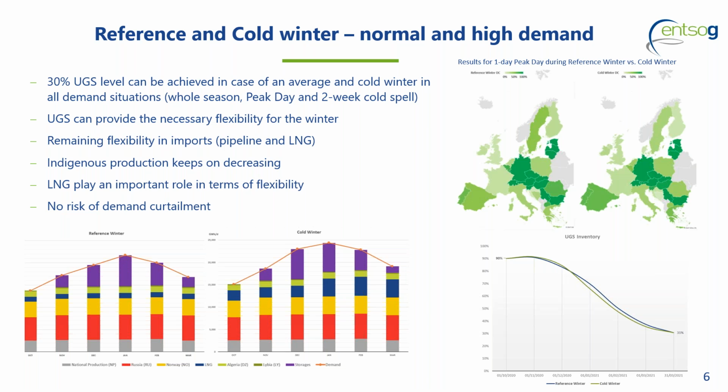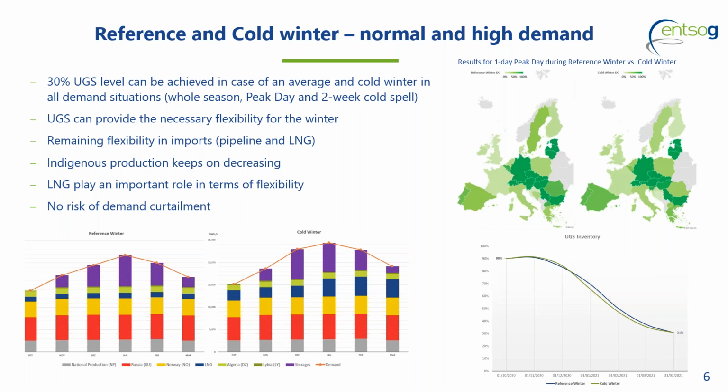The underground gas storages provide flexibility for the winter season, which you can see on the charts in the violet color, and LNG as well provides significant flexibility in this case.